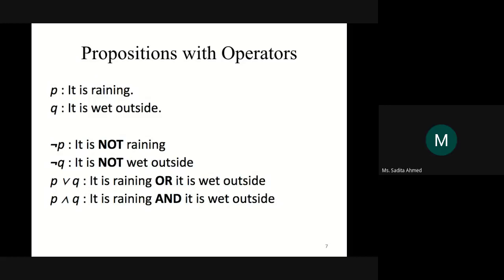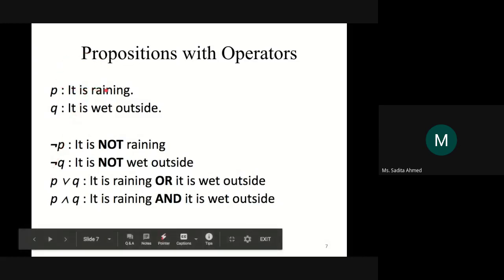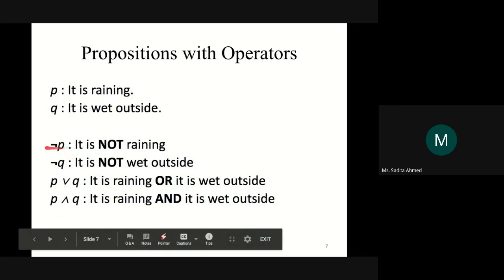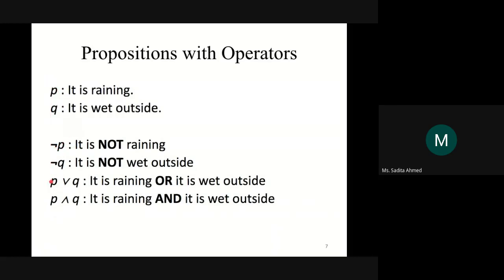So in that case, since you've already said that P is false, and why is P false? Because it is not raining. P stands for it is raining. If we say that not P is true, then P must be false. So P is false. Fine.